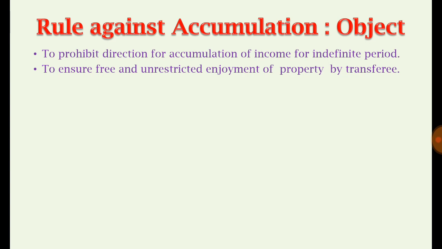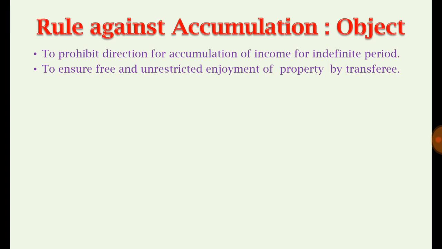So property may be given to the transferee, but he may be directed not to use or enjoy the benefits of that property. Such directions may be given, and they are regulated by section 17, which invalidates such direction beyond a particular limit. Up to a particular limit it is okay.